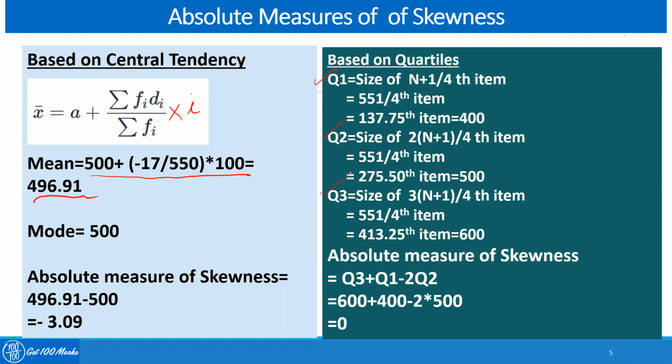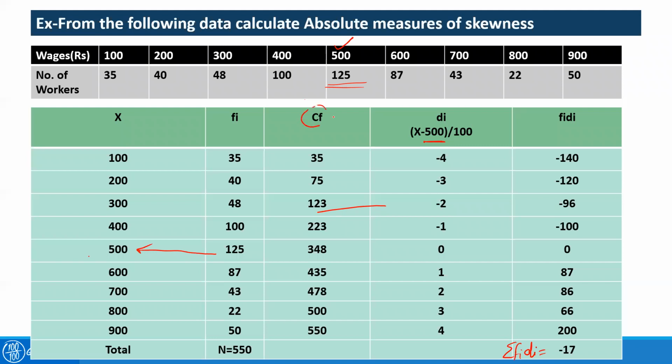Now let's have a look. Quartile 1, how do we calculate it? Quartile 1 is equal to the size of the (n plus 1) by 4th item. So we need to calculate cumulative frequency. CF is cumulative frequency, and from the top down we will keep on adding.